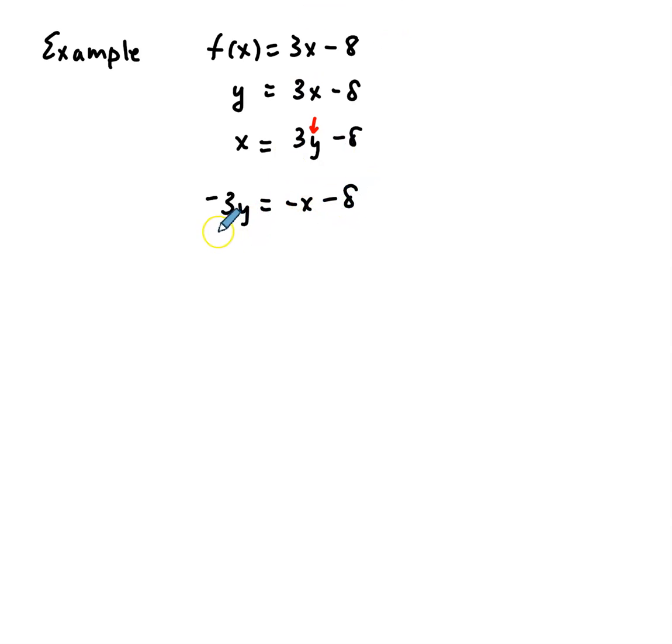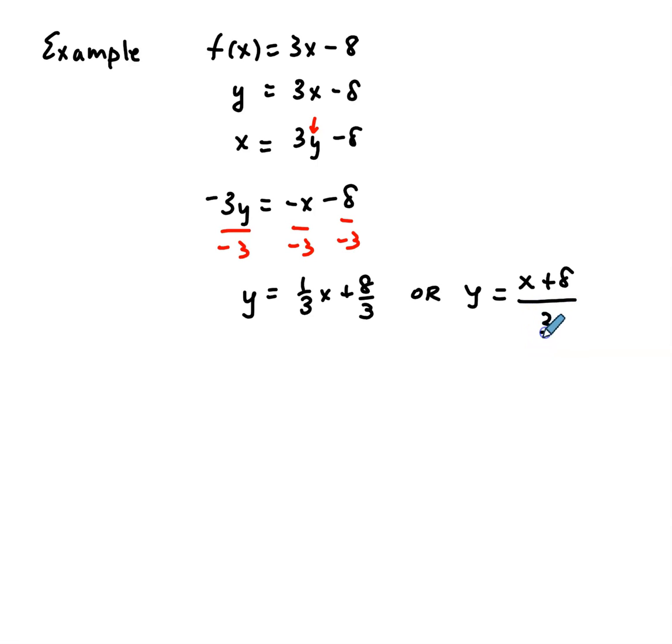I'm going to divide by negative 3 and negative 3, giving me y equals 1/3 x plus 8/3. Now I could rewrite the equation as y equals (x plus 8) all divided by 3.